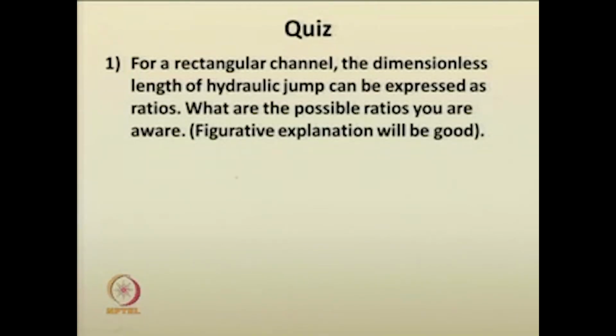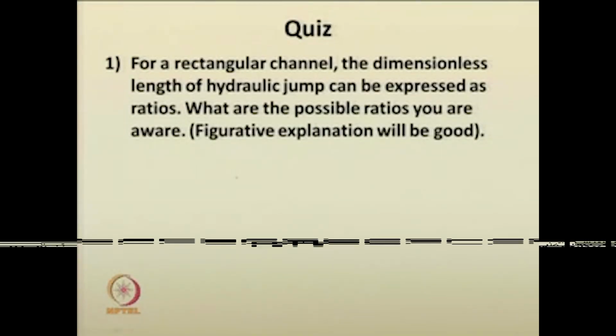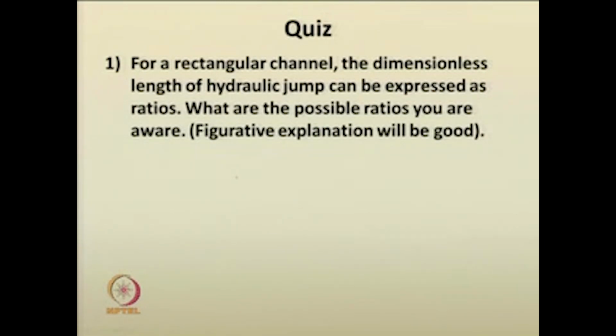Solutions for this quiz. The first question we asked you, what are the dimensionless properties, or how you can evaluate the length of hydraulic jump using dimensionless quantities. First you should be aware of the hydraulic jump.